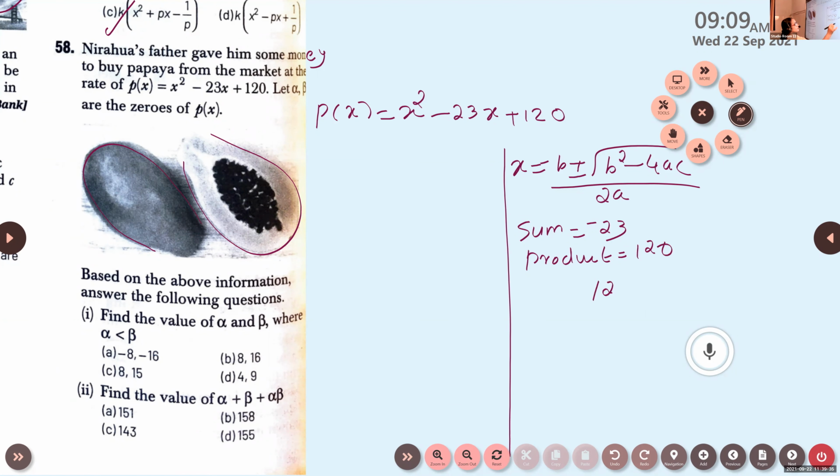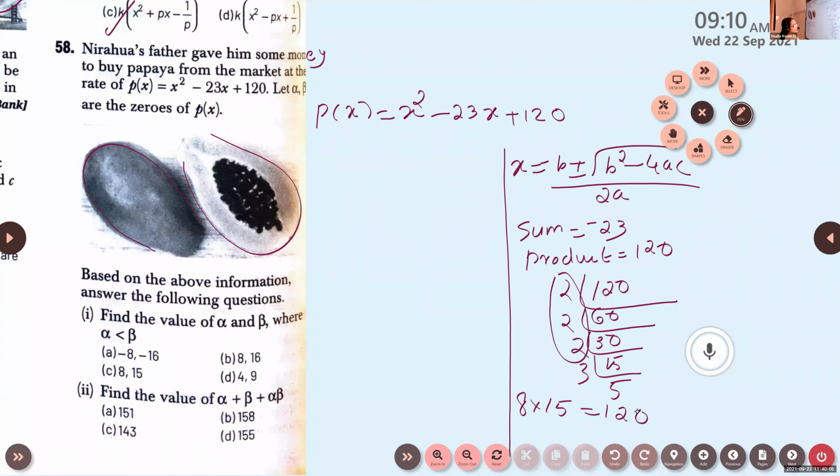For that you find the factors of 120 to get those two numbers. 8 into 15 is 120, and negative 8 plus negative 15 is negative 23.